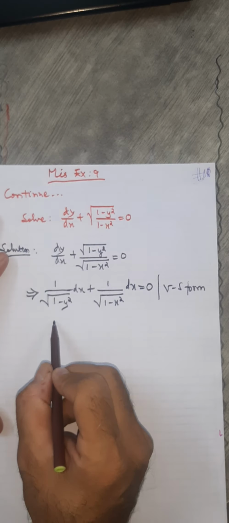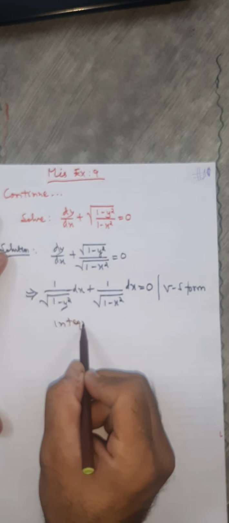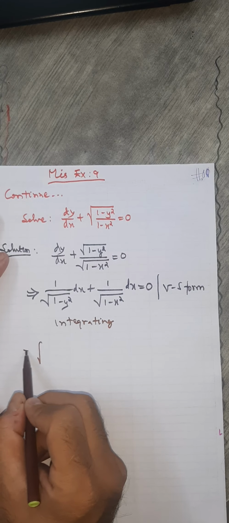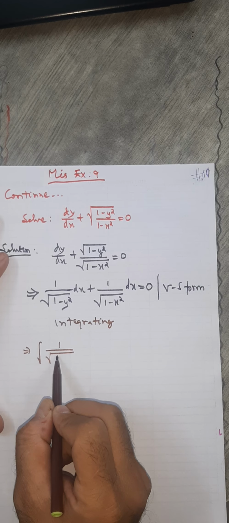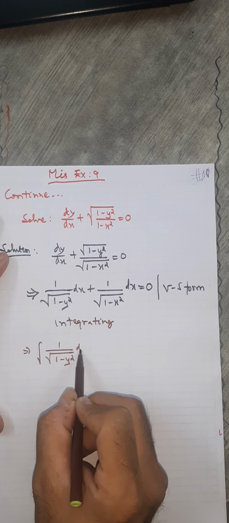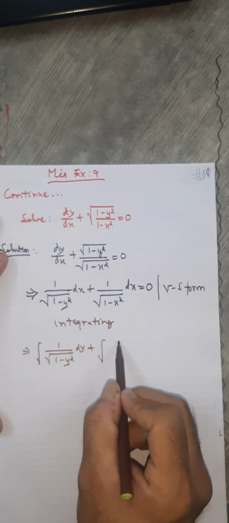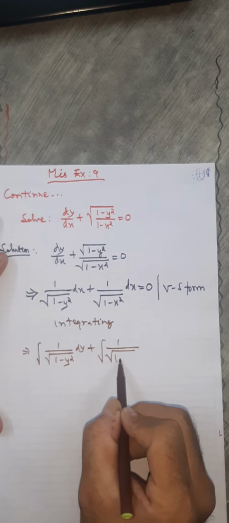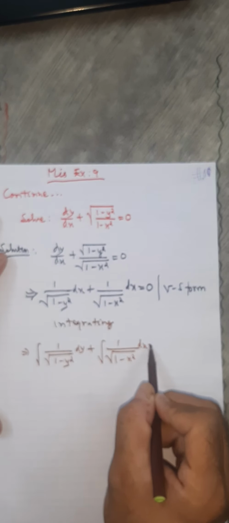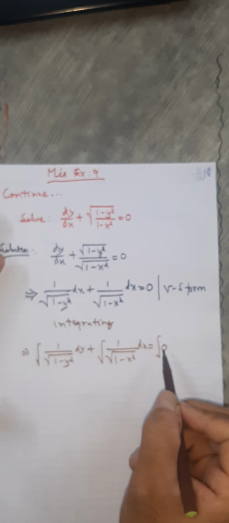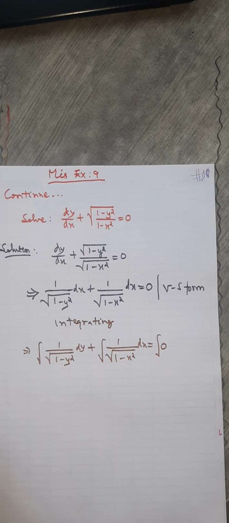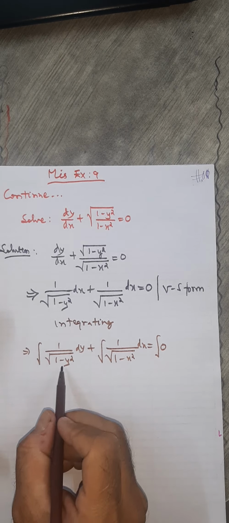Now we just integrate it. So integrating. So here you have integral of 1 upon root 1 minus y squared. It's very standard formula, you know. Integral of 1 upon root of 1 minus x squared equals to integral of 0 on the right hand side. Right? So can you just recall what's integral of this one?